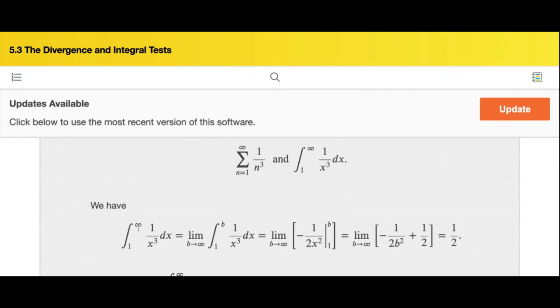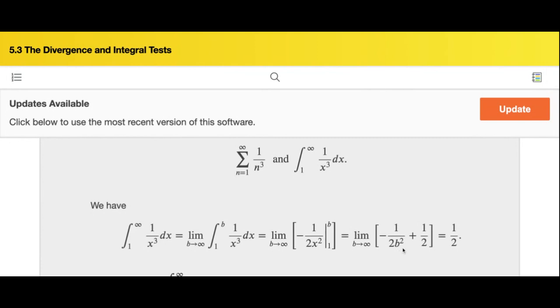Then we take the integral from 1 to infinity of 1 over x cubed, an improper integral, and we know how to do it, right? We take a limit, we use a dummy variable b, let it run to infinity, and substitute the infinity sign with b. Then we anti-differentiate 1 over x cubed, get negative 1 over 2x squared, and evaluate.